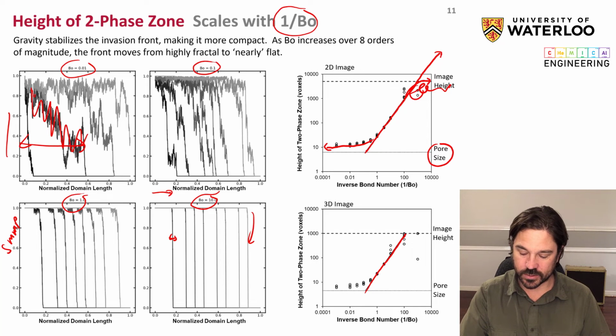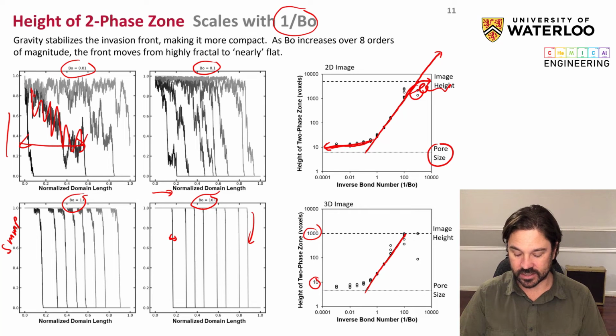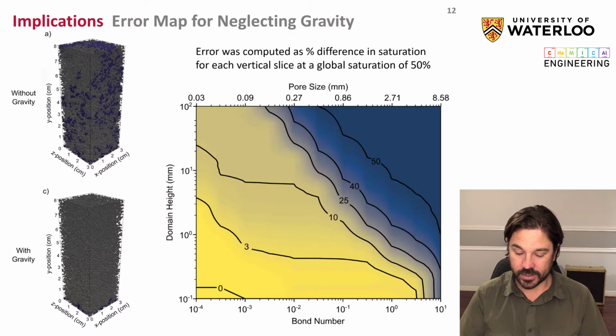That's why it plateaus at a value corresponding approximately to the pore size, which is pretty low; this is in voxels. We have a 1,000-voxel tall image and we're talking 10 or even 8 voxels. So it's not a significant effect. It looks significant on a log scale, but it's not really. It was quite encouraging to see that behavior working.